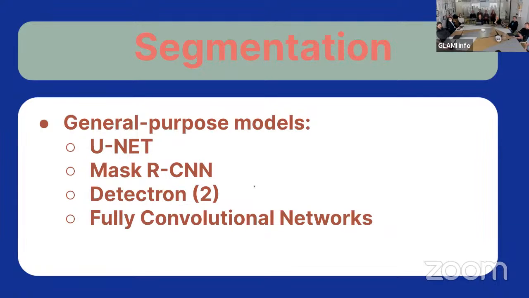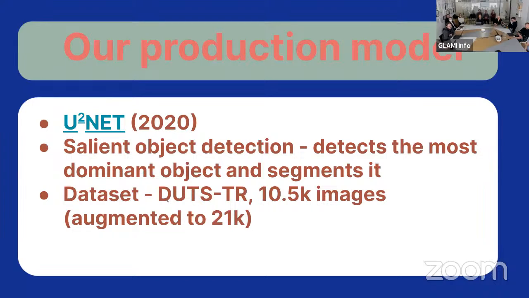Of course, for semantic segmentations, there exist general purpose models like the UNet family or Mask R-CNN, where also belongs Detectron from Facebook, or fully convolutional networks, for example. In our current production, we use a model belonging to the UNet family, the U2-Net, because it is a model that treats salient object detection.